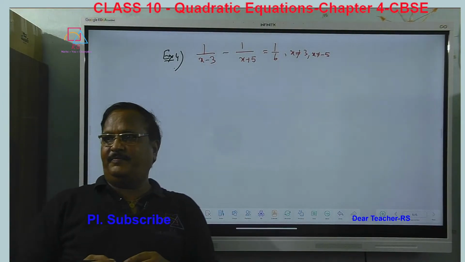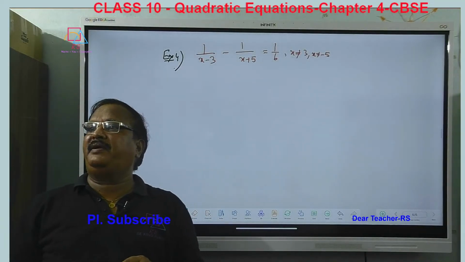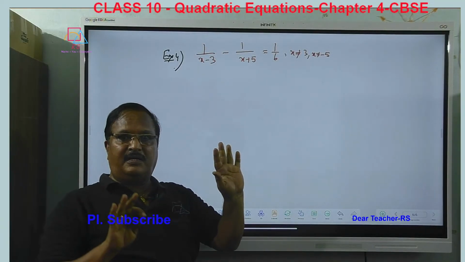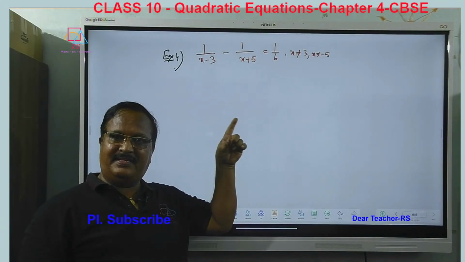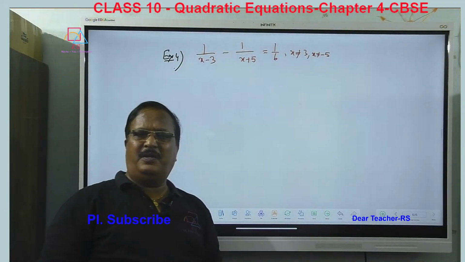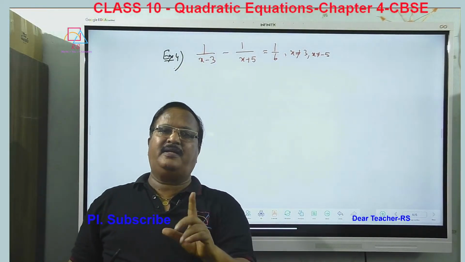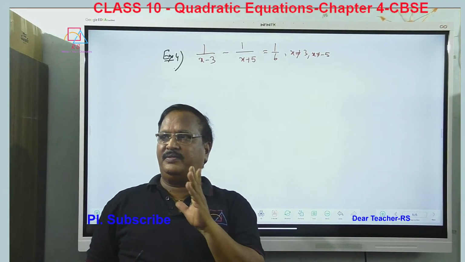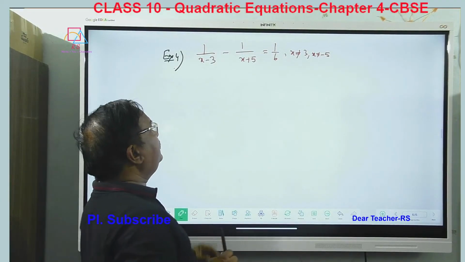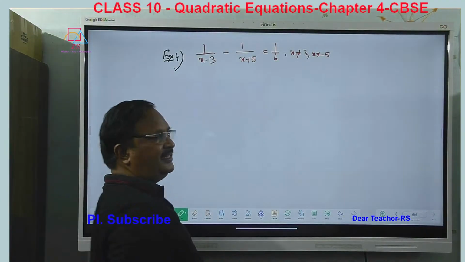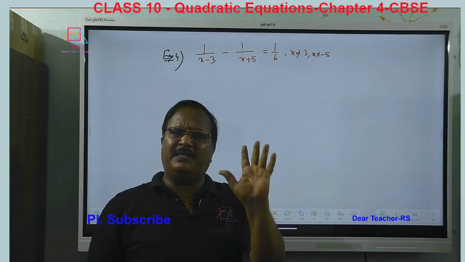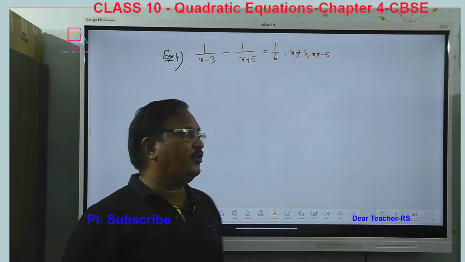Fractions are there. Same concept as in the previous question also, not in the standard form. Whether it is a fraction or whatever, your main target is to bring everything into the standard form. Now fractions are there, so I will give you a common method for every fraction problem.